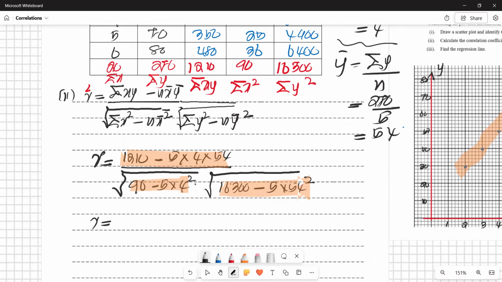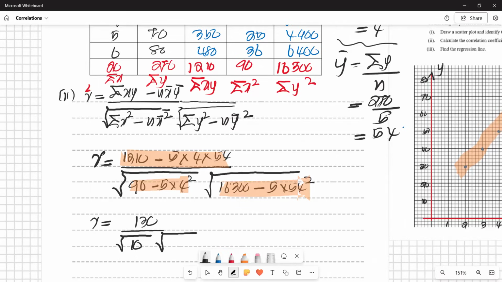1210 minus 5 times 4 times 54. It is 130. Check my values. 130. First square root side: 90 minus 5 times 4 to the power 2, that is 10, square root 10.